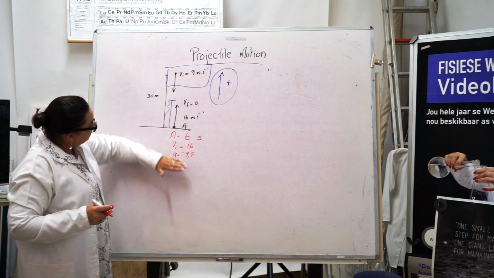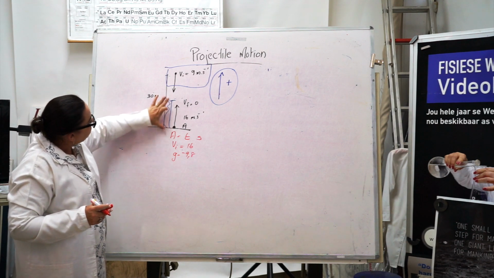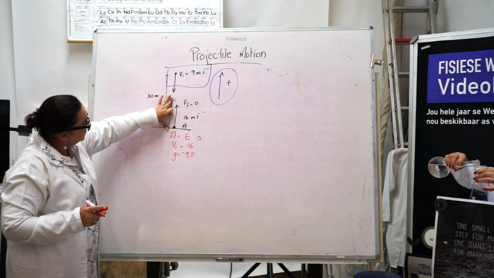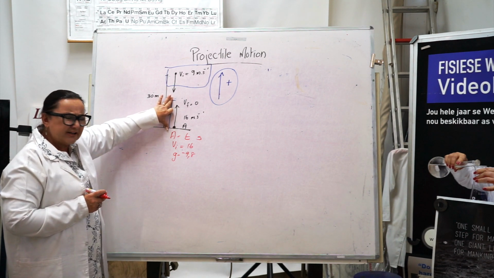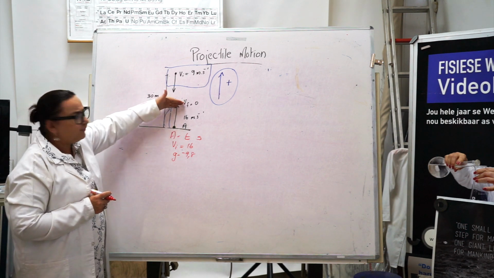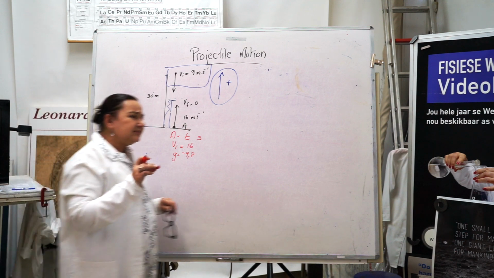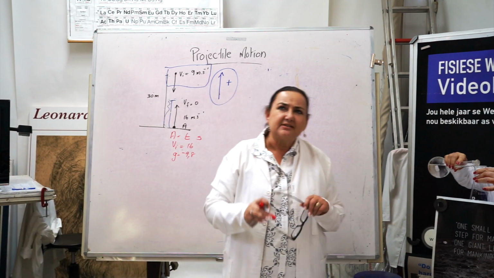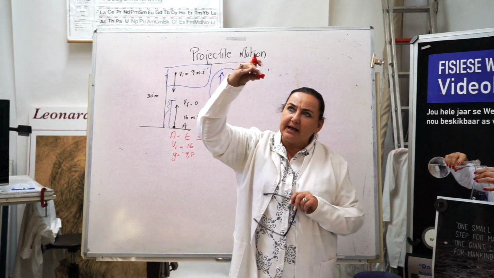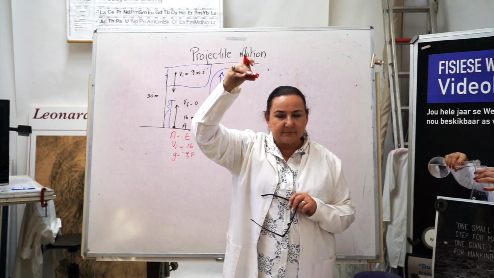So if I look at this, and they want to find delta y, which formula can I use? Do I have a final velocity? No. It's not to say that at 0 speed of A, B would pass it.